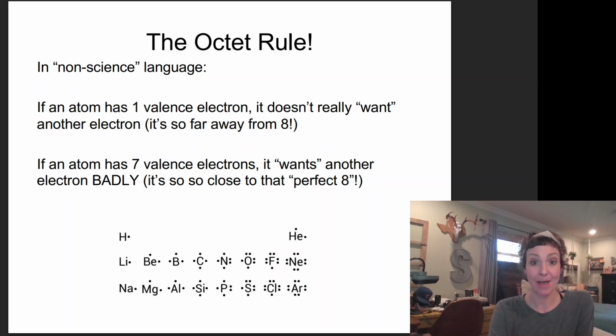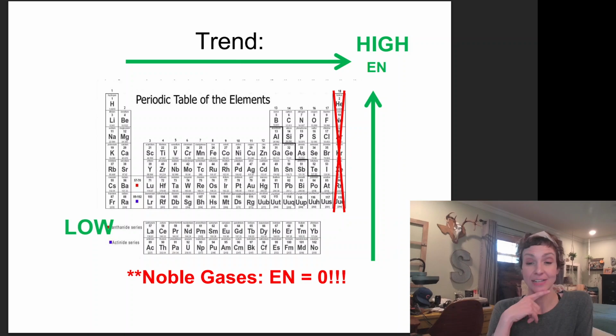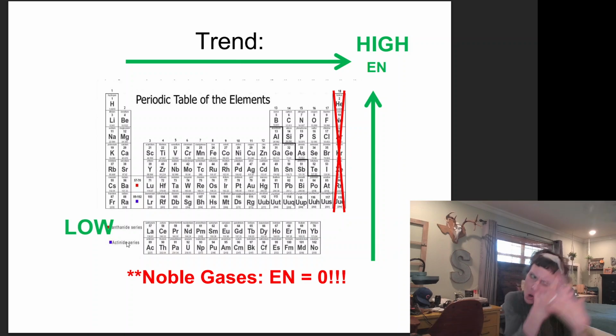So let's see how electronegativity trends across the periodic table. Now, at first glance, this is looking very similar to my ionization energy trends. I see the high stuff over here, right? I see the low stuff over here. Well, it makes sense that if it is harder to remove an electron, that atom is probably holding things on tight, that he would maybe also want to pull in other electrons.